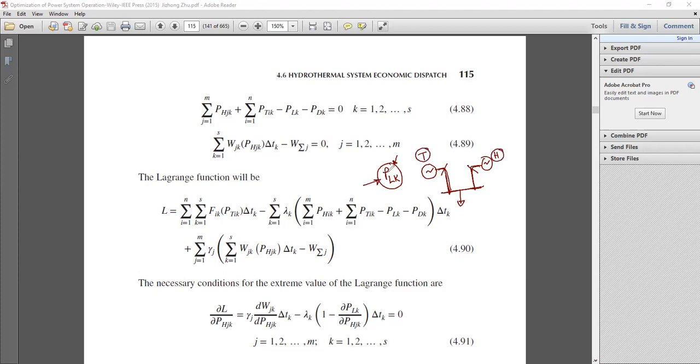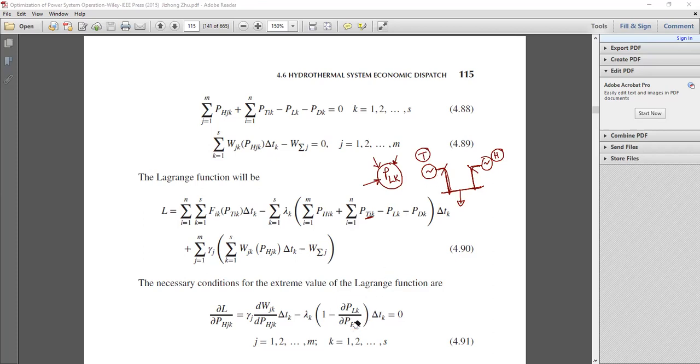So PLk will actually be a function of PHjk at the kth instant as well as PTik.